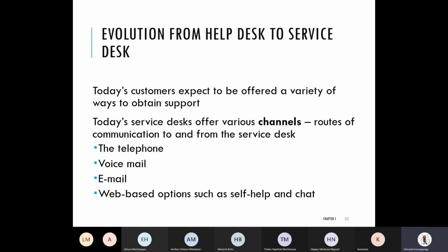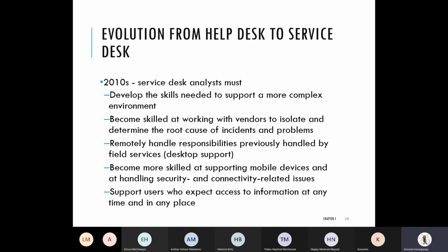So it's very important for you to make sure that at least your clientele or your customers have a range of channels that they can contact a specific service desk and get their issues distinctively resolved in that regard. So now with that same evolution from your help desk to your service desk environment, you have analysts who are then impelled, or compelled, to look at developing skills that are distinctively needed to support a more complex environment.